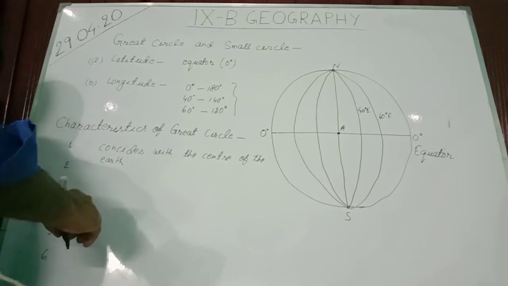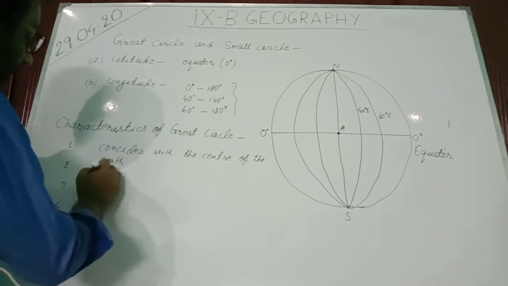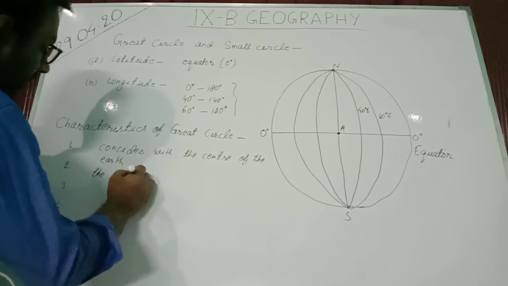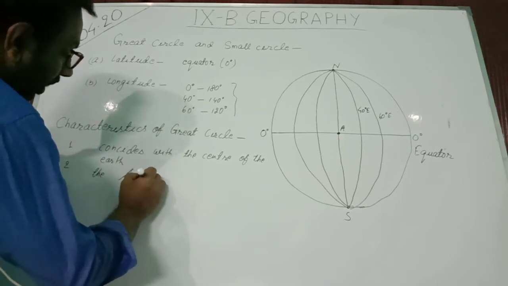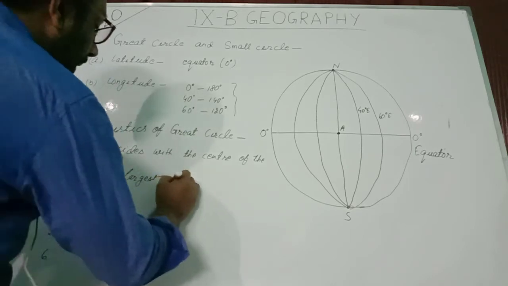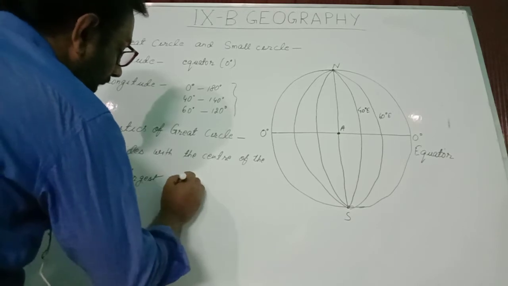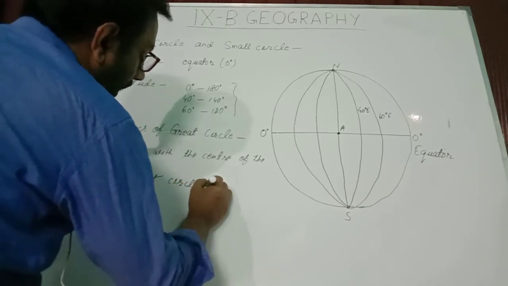Second, this is the largest circle. Great circle is the largest circle on the earth.